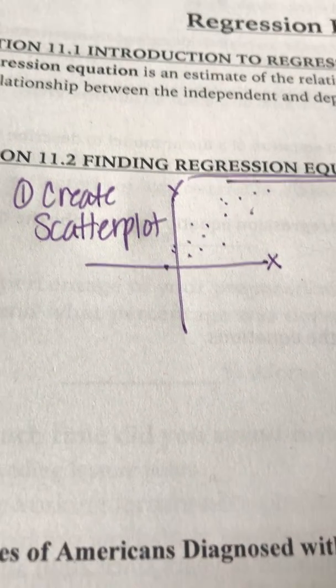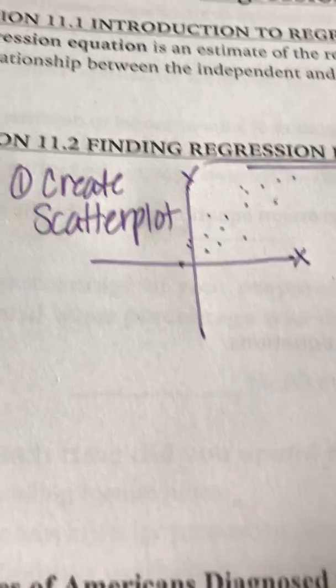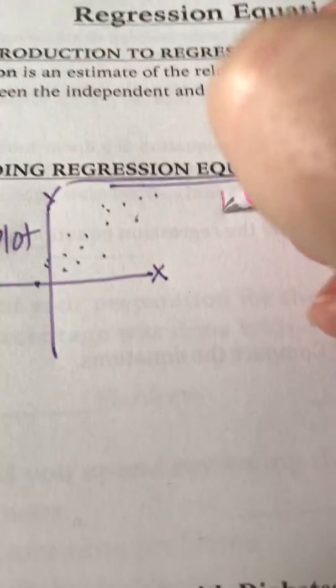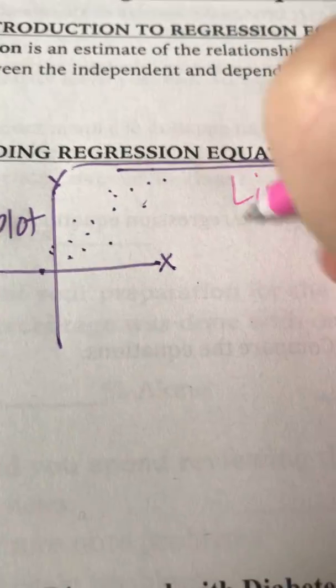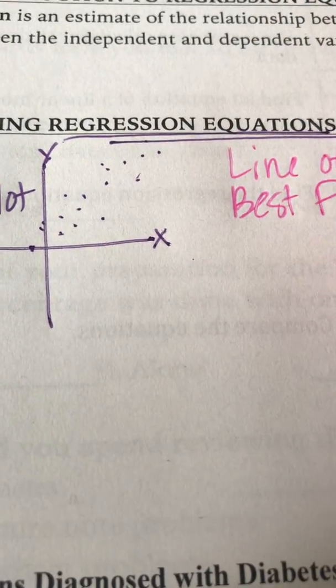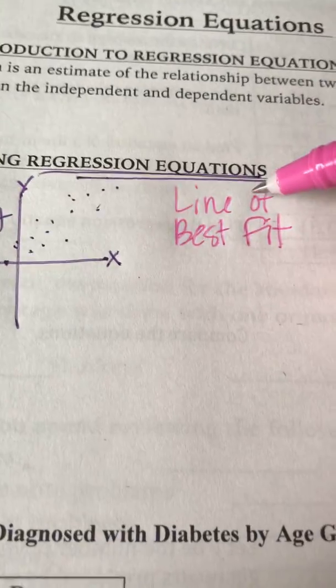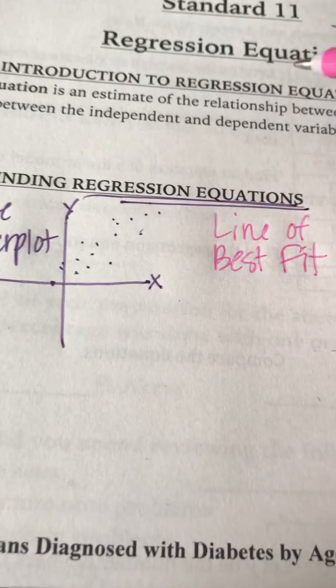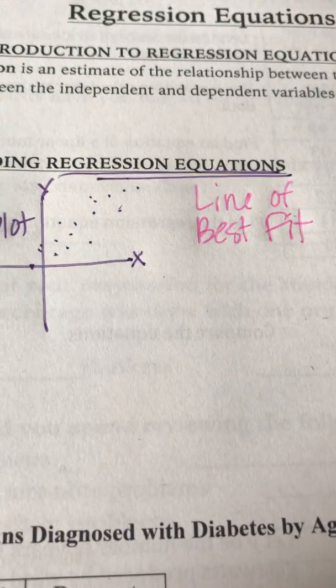Now you might have heard before of something called a line of best fit. I'll write this over here. Line of best fit. Now, a line of best fit is the representation of your regression equation, okay?